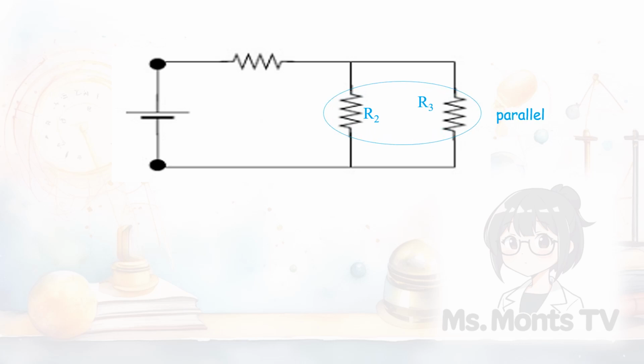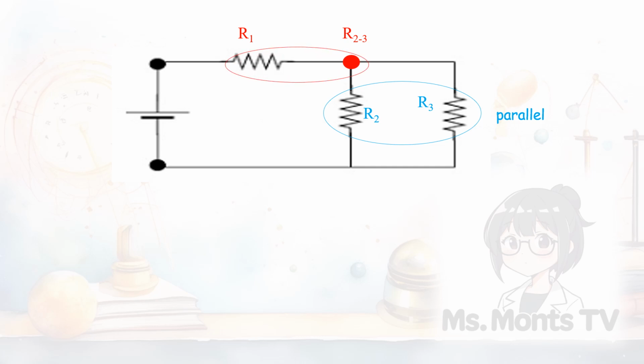So for now, we have the total voltage, resistance 1, resistance 2, resistance 3. We need to identify the kind of connection they have. As you can see, R2 and R3 are in a parallel circuit, and R1 and R23 are in a series circuit.